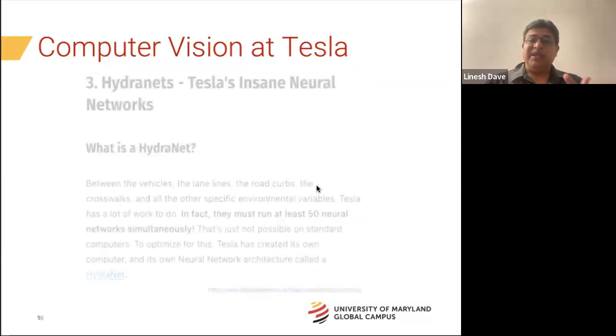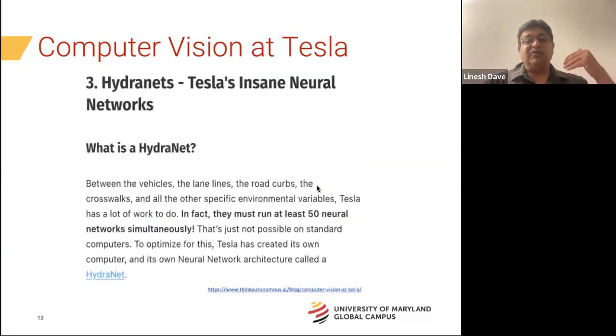And how does it make it happen? It makes it happen using the HydraNets, which is an insane neural network setup, almost 50 neural networks run together, building all these models and constantly updating them with newer and newer images.